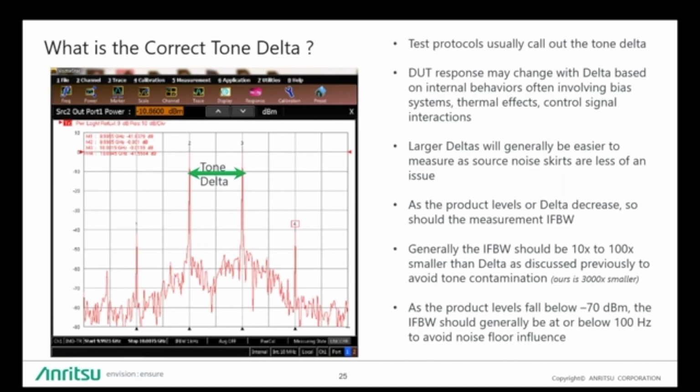So we should be measuring the IP3 quite accurately. That tells you that it's important to set the tone delta correctly. You shouldn't set the two tones close together. Otherwise, you get noise contamination. And again, if you do, you knock down the IF bandwidth.